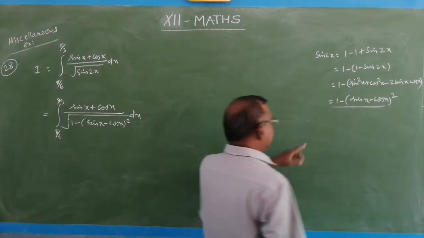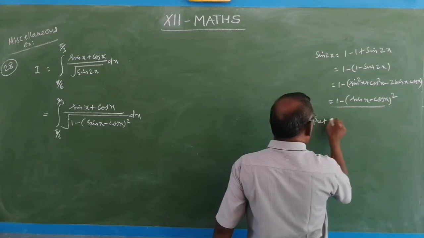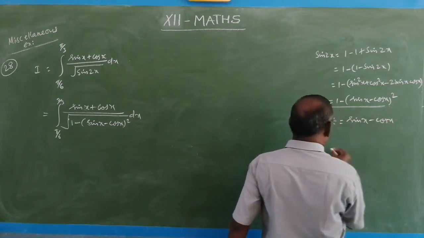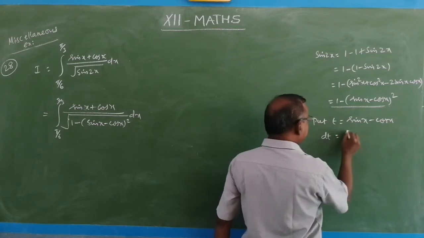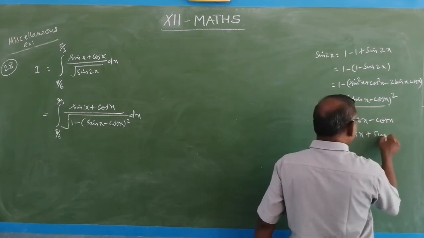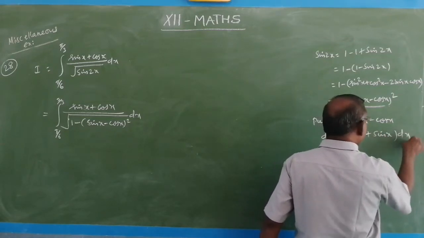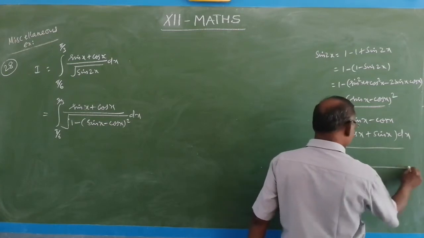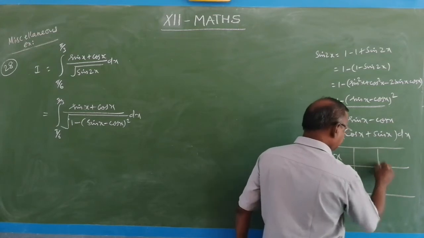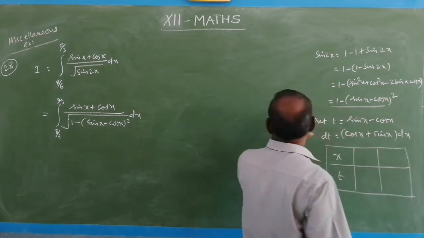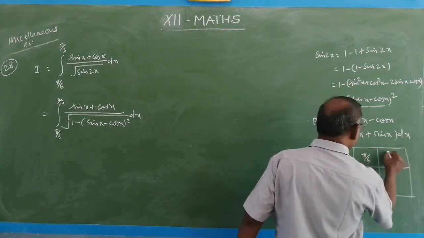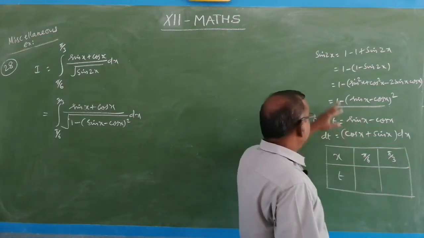Because we can substitute t equal to sin x minus cos x, differentiating, dt equal to cos x plus sin x into dx. And whenever you substitute, change the limits also.